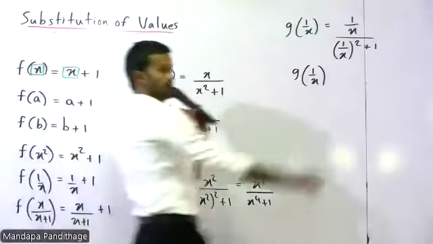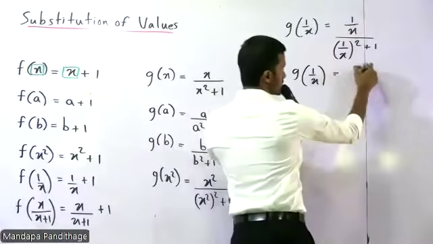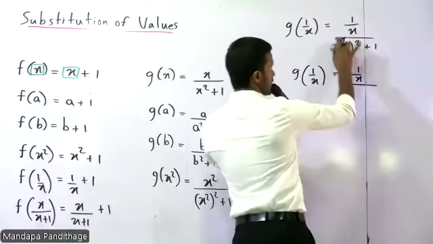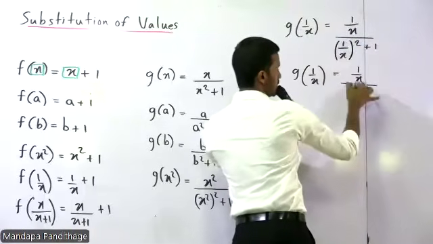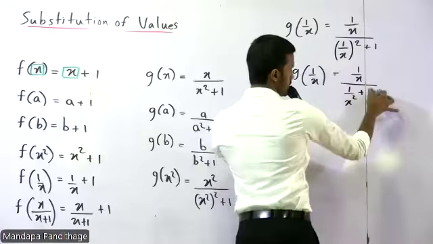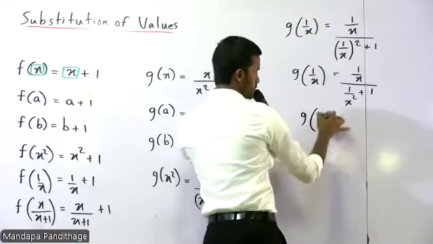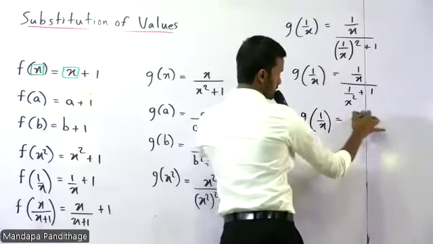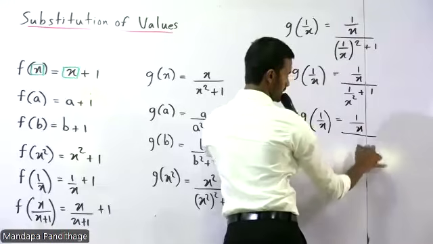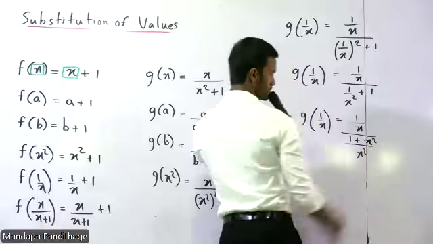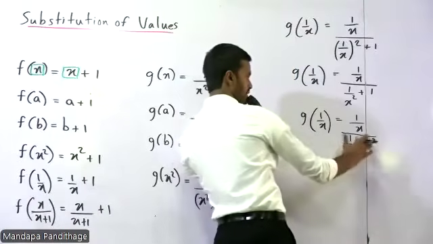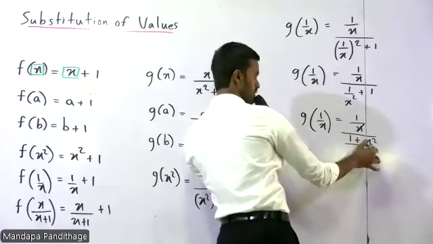Okay. So if you simplify this, you get the answer. It's 1 over x squared. You can simplify in this way. You can take x squared as the common denominator here. So it's 1 plus x squared. We have done these types of simplifications in basic math.